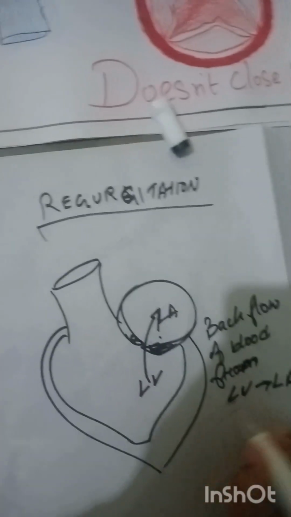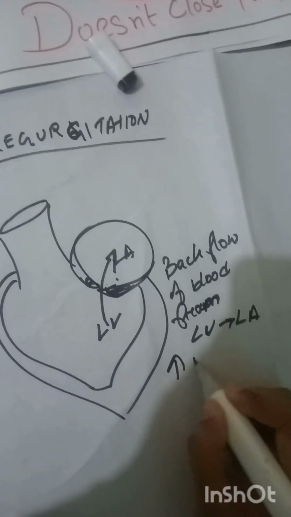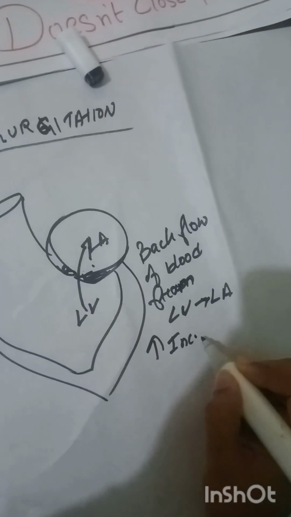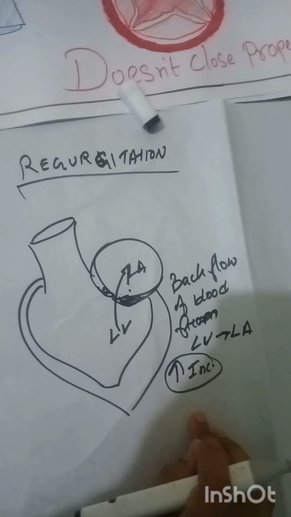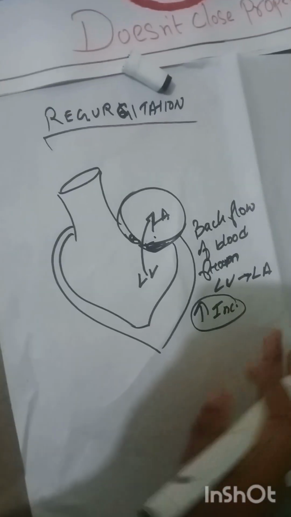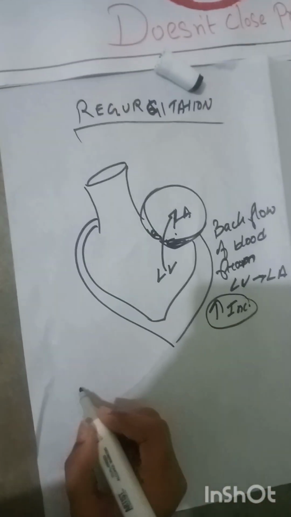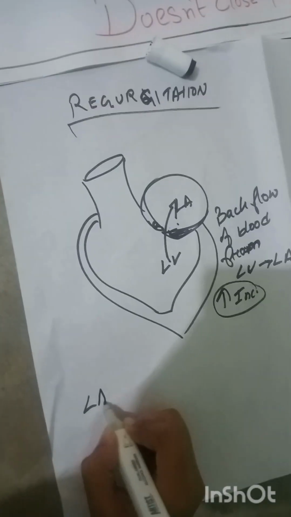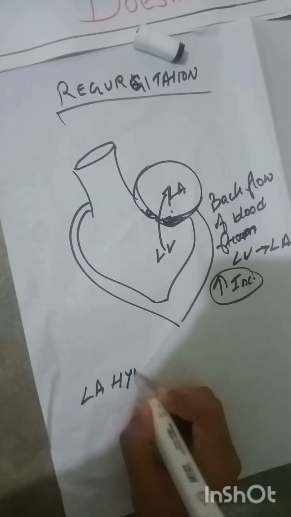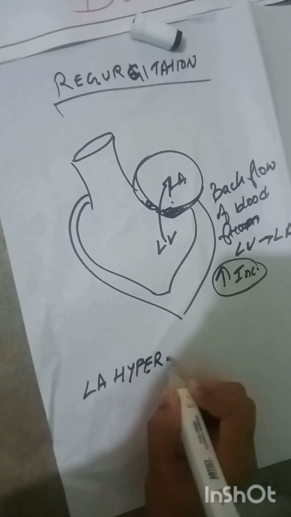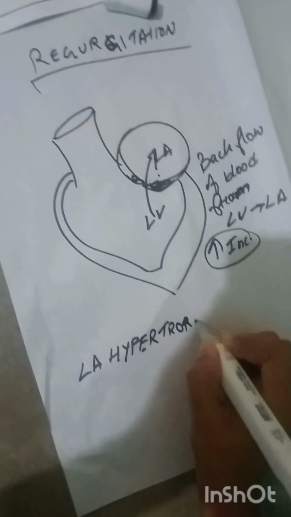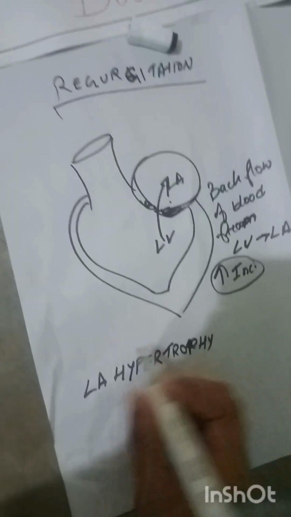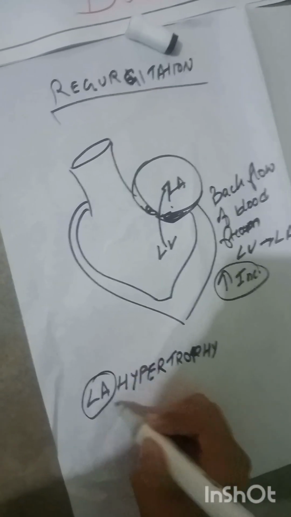If there is an increase in blood flow from the left ventricle to the left atrium, then because of that increase in blood flow, we can see left atrium hypertrophy.